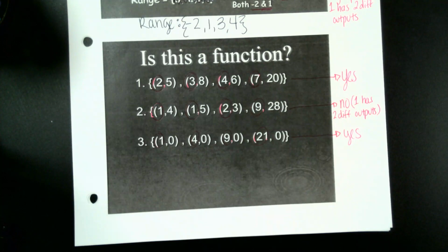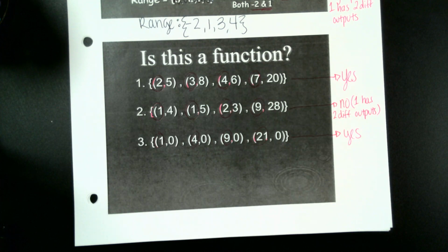All you have to do is put yes or no. Put yes or no based on whether you think it's one or not. Look at your x's. If your x's do not repeat, you guys should be putting yes.